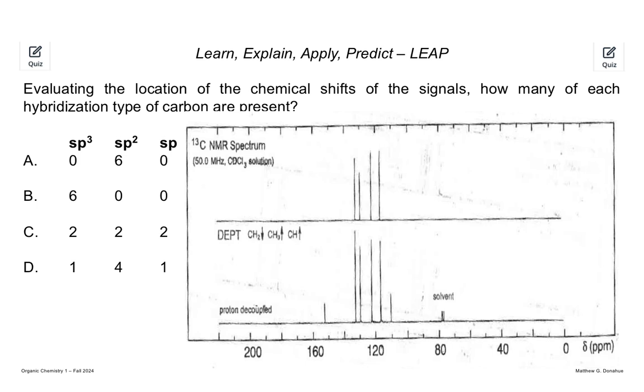And so evaluating the location of the chemical shifts of these signals, how many of each type of hybridization are there? So the line that you're looking for is about 100.